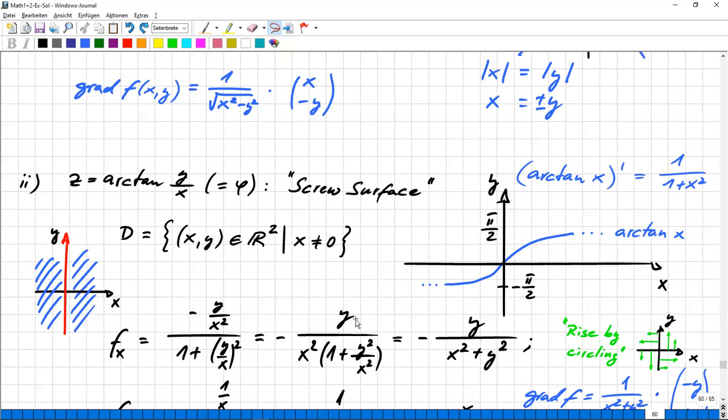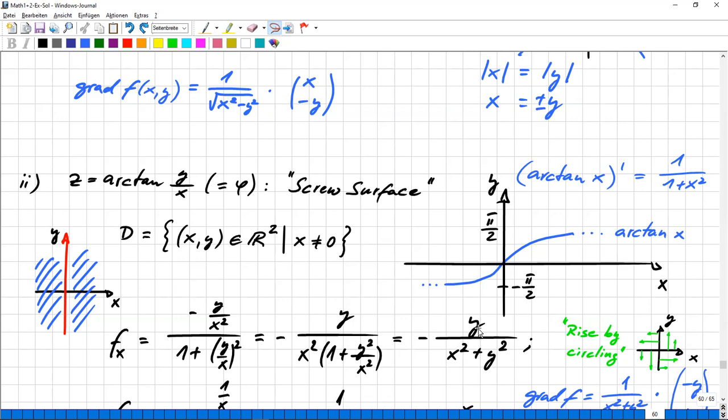Y stays there. And then it's possible to easily expand this fraction with a factor of x squared. No, not even, sorry. I just have to remove these parentheses as I see, x squared times 1, right? And then here it cancels out and it gets x squared plus y squared, which is very nice because it's the squared sum of x and y, which is always the squared distance from the origin in the plane, by the way, and negative y as a factor.